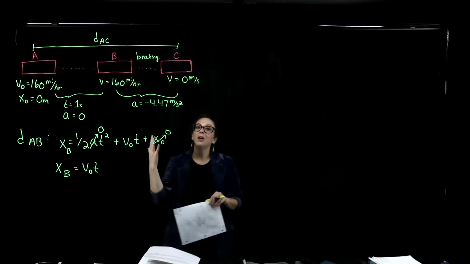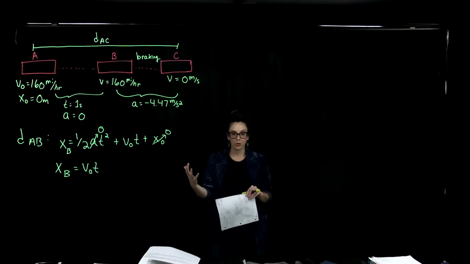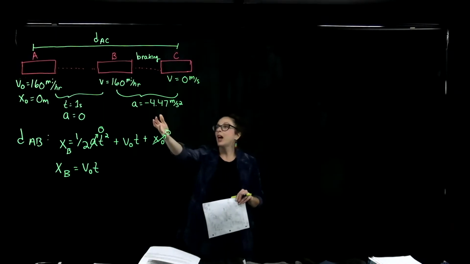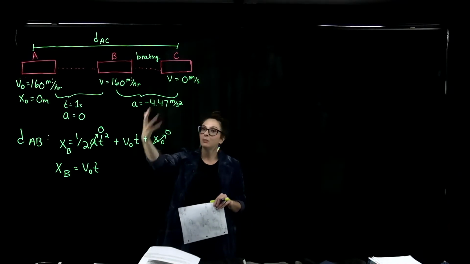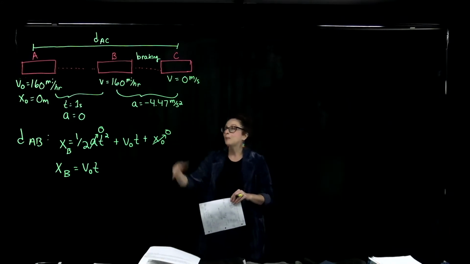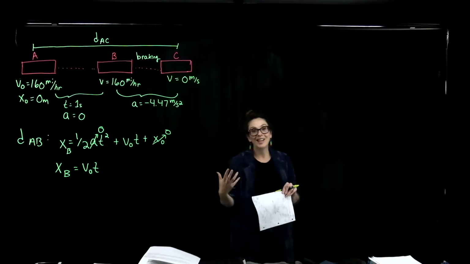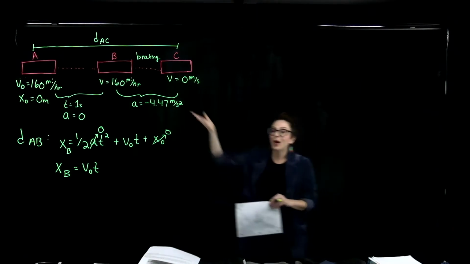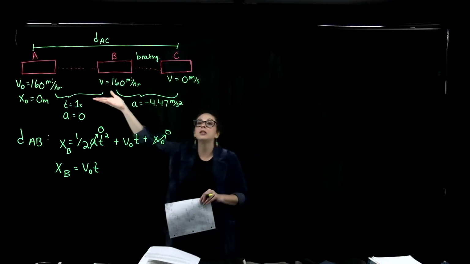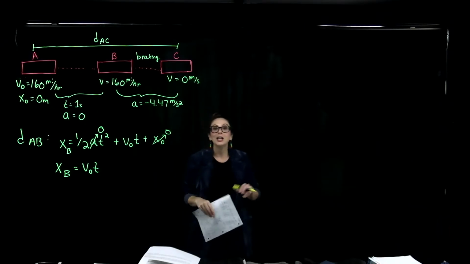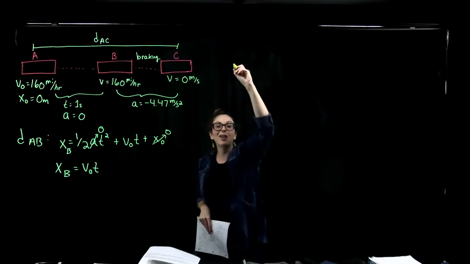But we don't want to use this velocity in miles per hour, okay? We've got an acceleration that we're going to encounter later in meters per second squared. And in physics, generally, we want to work out most of our problems in SI units. So I'm going to go ahead and convert my 160 miles per hour into meters per second. So let's do that right here.